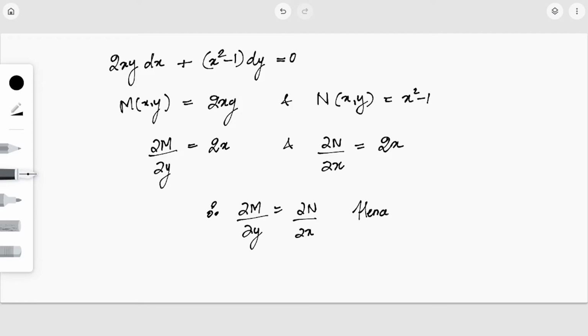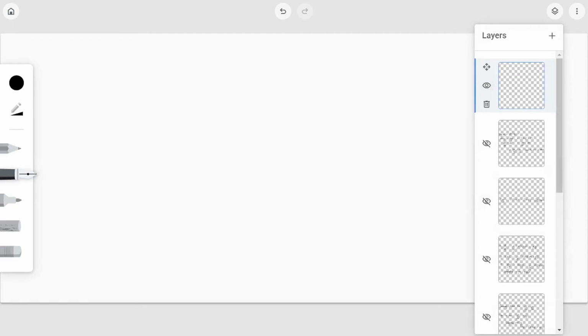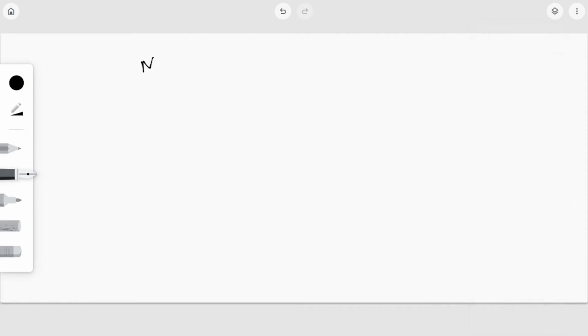Hence the differential equation is exact. So what will be the method of solution? I'll tell you the procedure. We have M, which was 2xy, and N was x square minus 1.